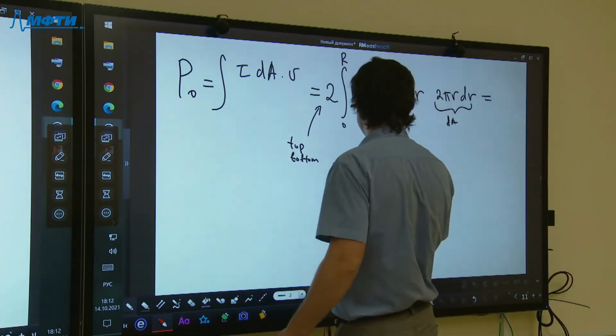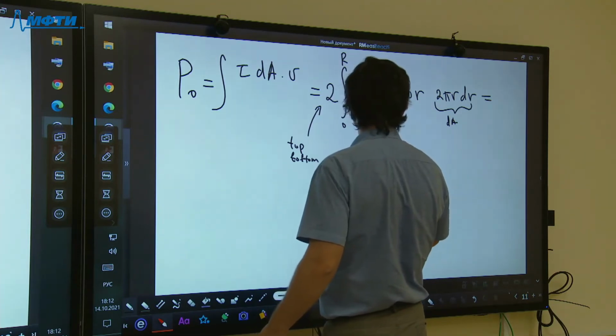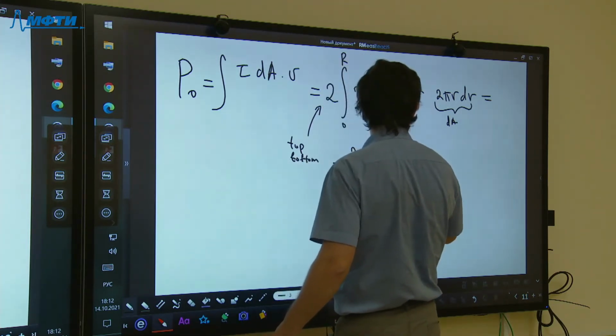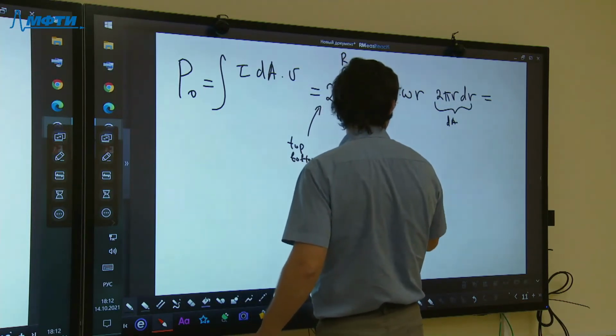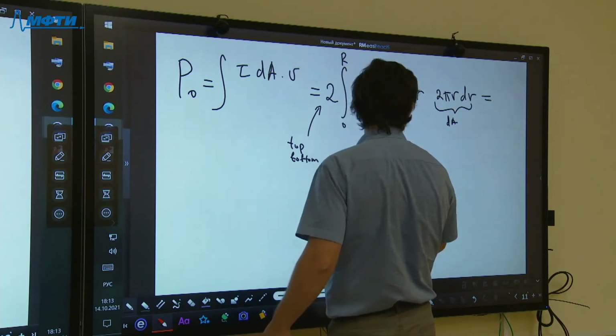First, I take out of the integral all of the constants, like eta, omega squared, and 2 pi.